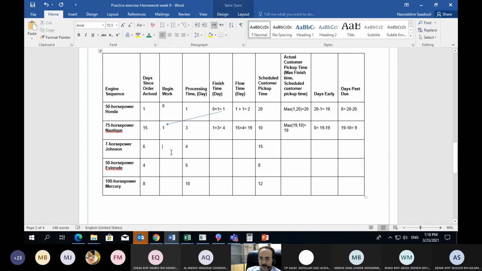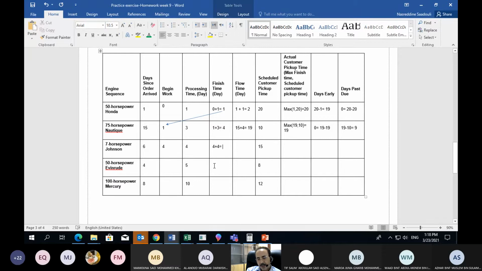For the beginning of the third job, it will be on which day? Anyone? So the third job, when will we begin the third job? Which day? Day 4. Day 4, correct. We finished the previous one at day 4, so we start this job.